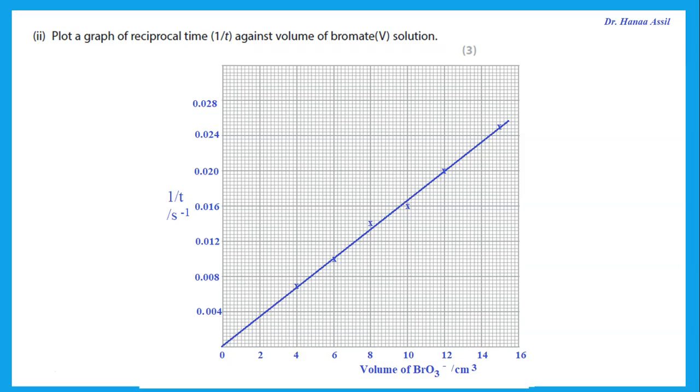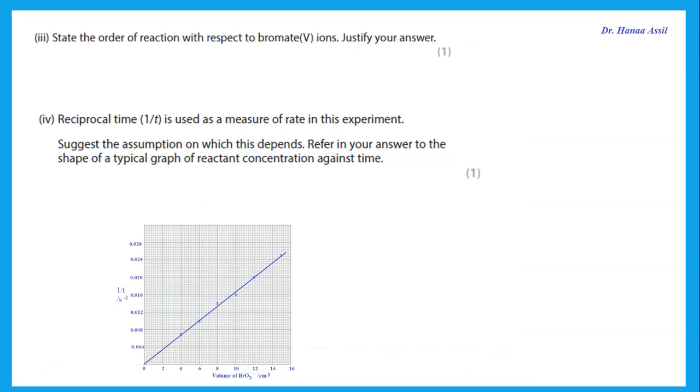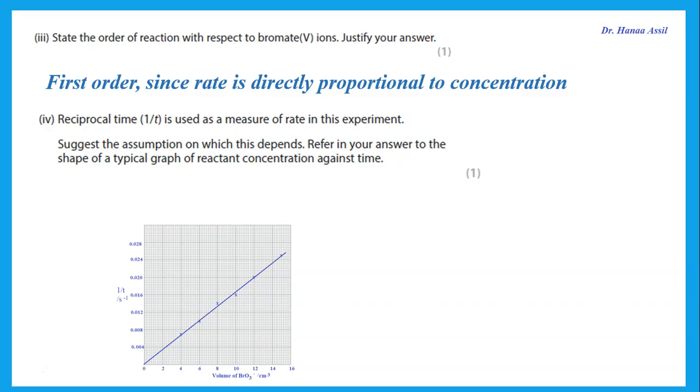This should be a line that goes through the zero. State the order of the reaction. So if we're measuring rate versus concentration and it is directly proportional, of course this is a first order reaction with respect to bromate, since the rate is directly proportional to concentration.